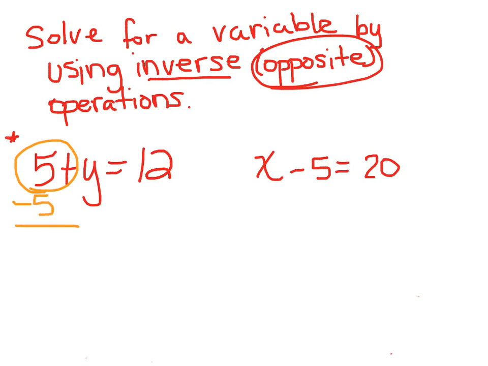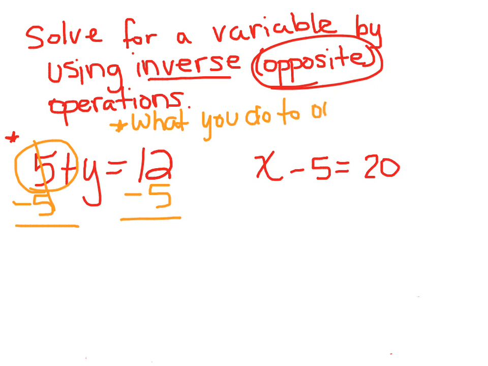If you have 5 and you take away 5, you have 0, right? So we're going to take 5 away, and then we come over here to the 12, and whatever you do to one side, you do to the other. Let's write that down. What you do to one side, you do to the other.